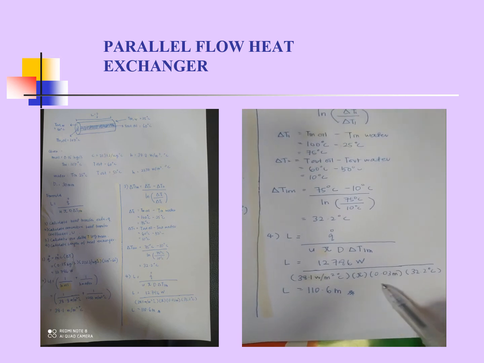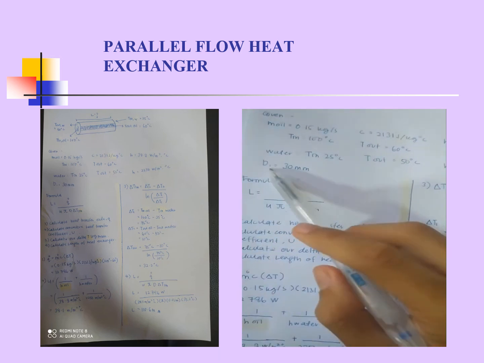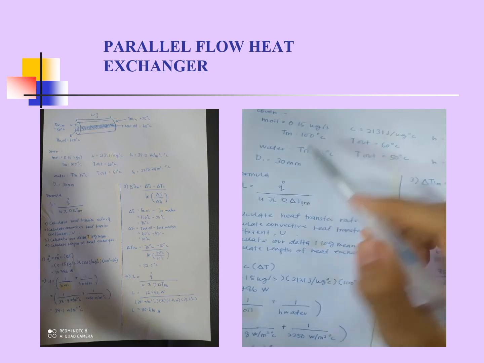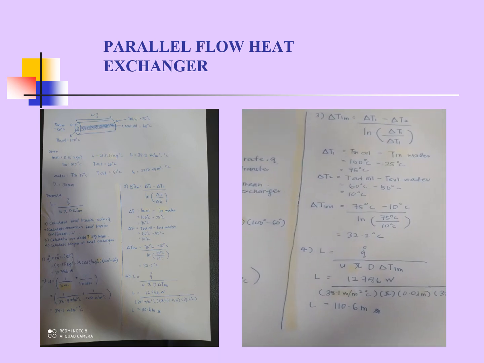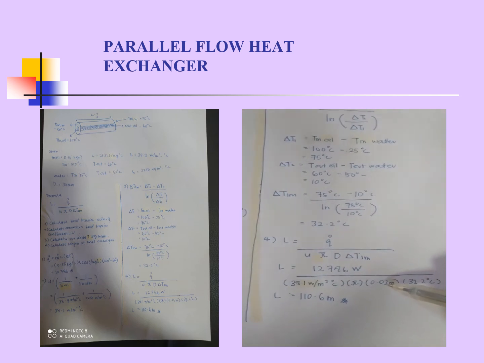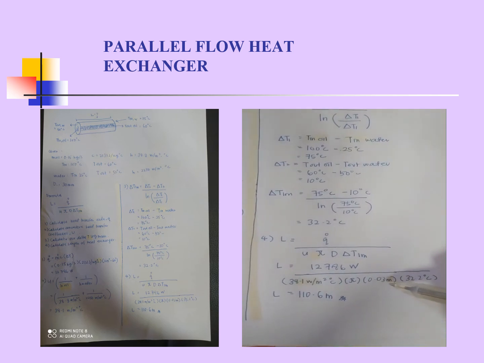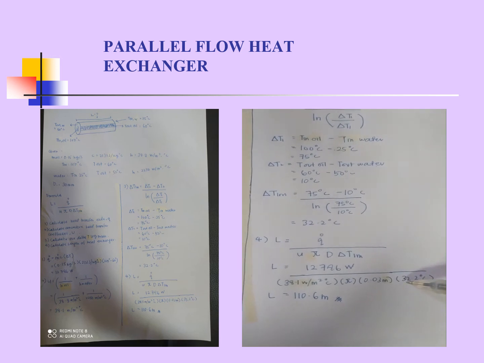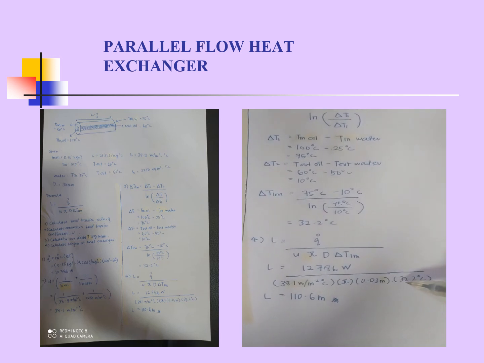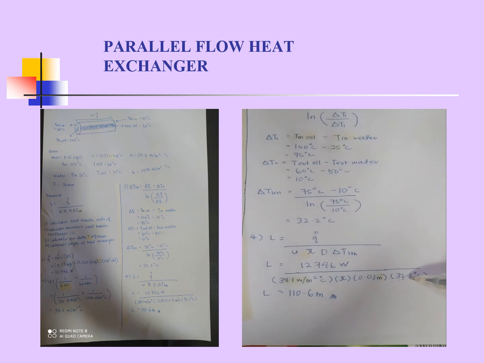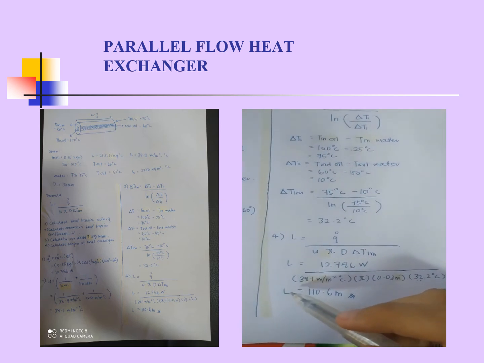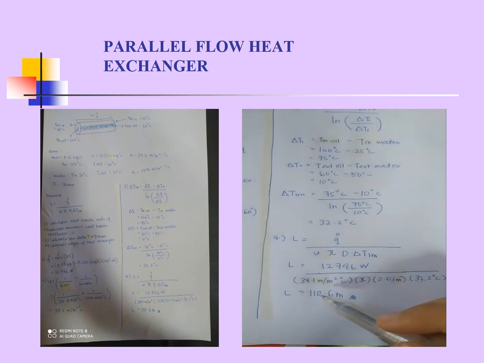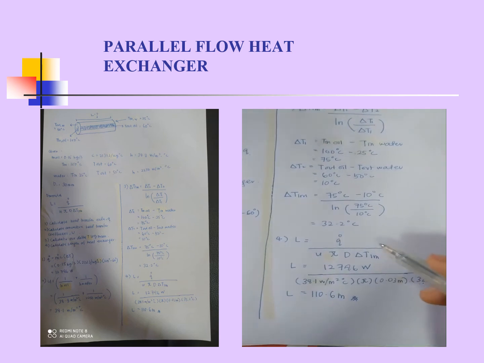We find the diameter, this diameter 30 millimeter, we divide by 1000 and we get 0.03 meter. Times 32.2 degrees Celsius, and the answer is 110.6 meters.